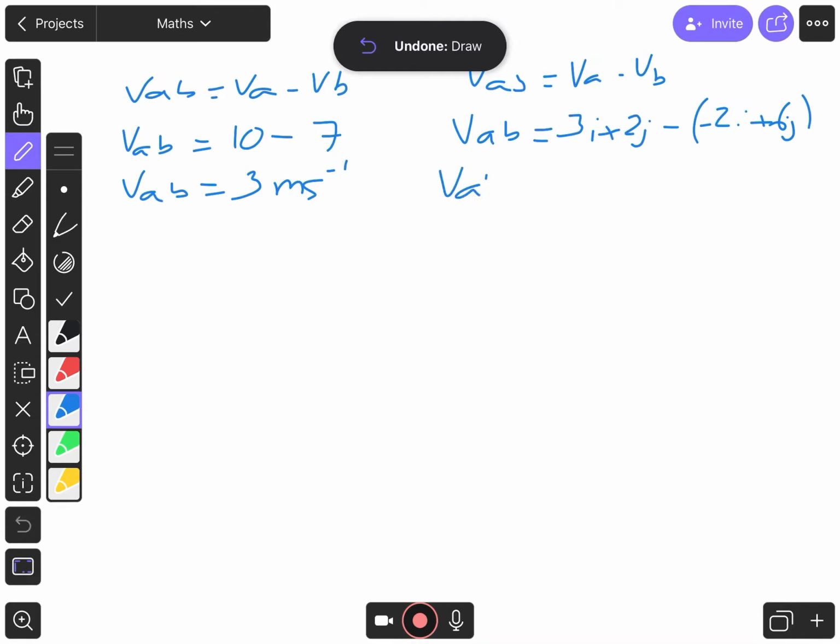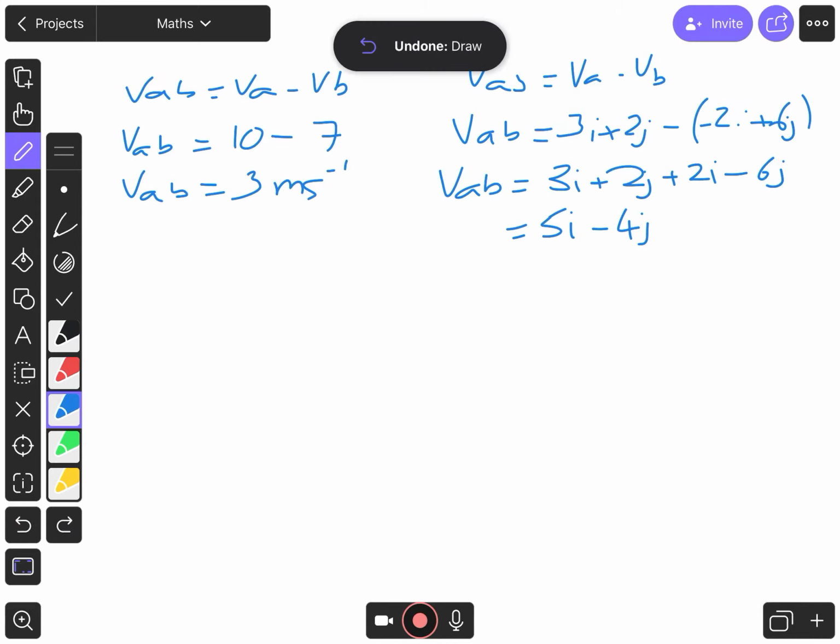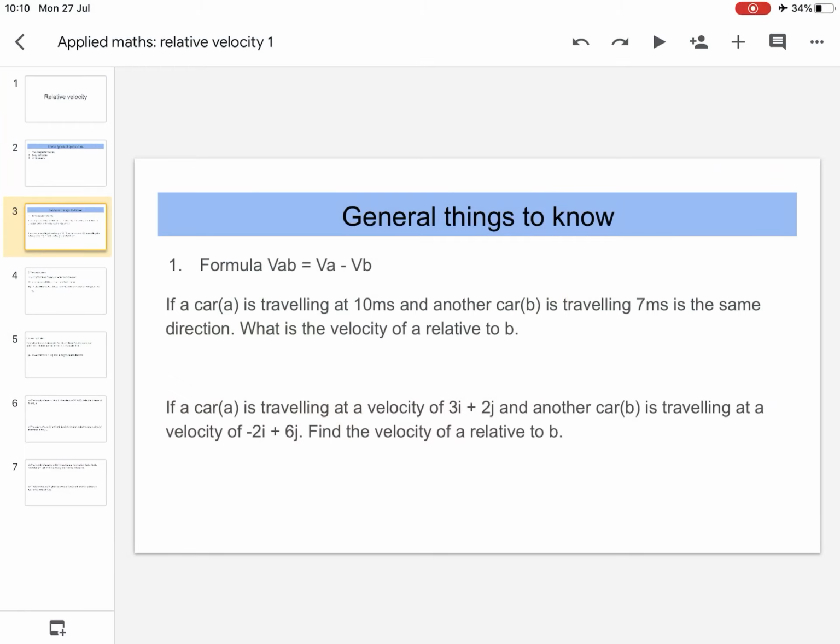So the VAB, the velocity of A relative to B, is going to be 3i plus 2j plus 2i minus 6j. That is going to be 5i and minus 4j. And that is a velocity, that is ms to the minus 1. Now, you'll never leave it like that, but we'll look at what you do with that in a second. So that is our velocity of A relative to B.